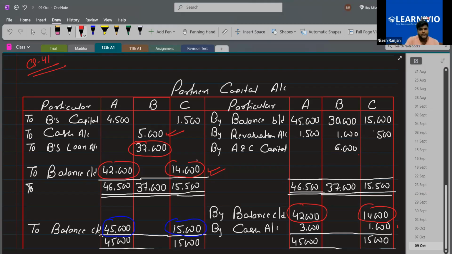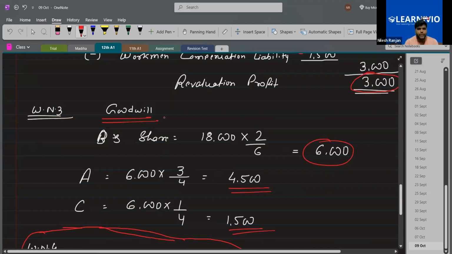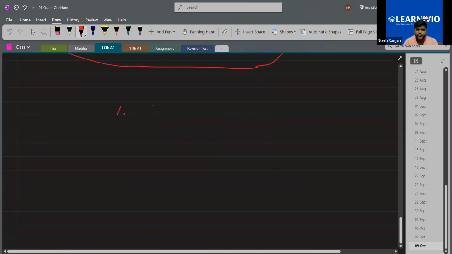So 42,000 plus 14,000, this will be the new capital. Adjusted capital of C, adjusted capital of A. So total is 56,000.